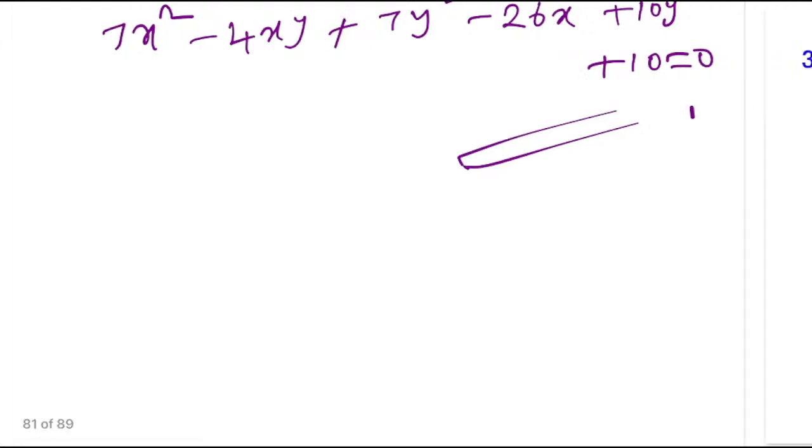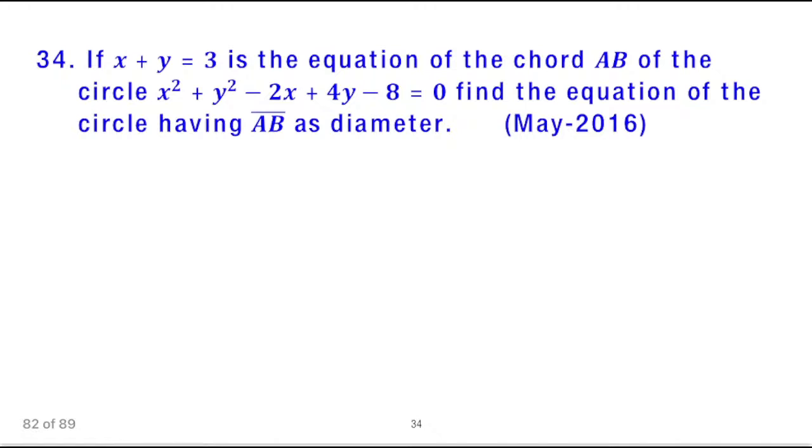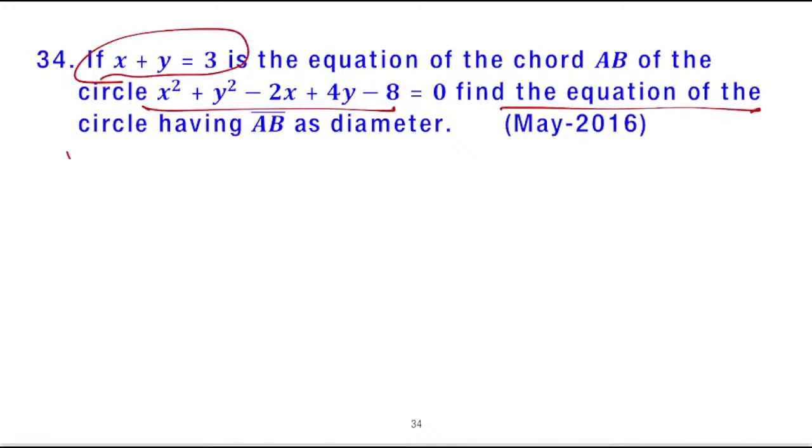Move to the next question. This is a chord of the circle. Find the equation of the circle having it as a diameter. That is very easy, it's S plus lambda L equal to 0, isn't it? S plus lambda L equal to 0.